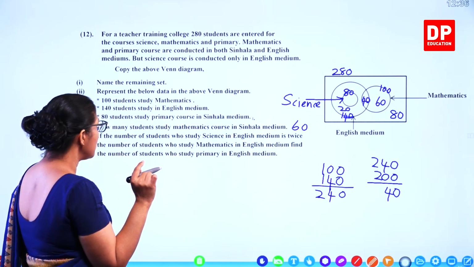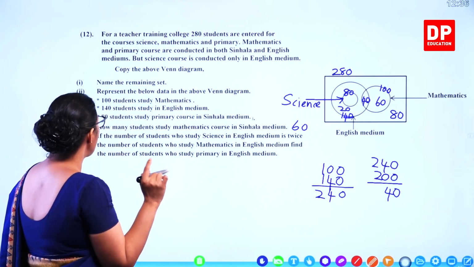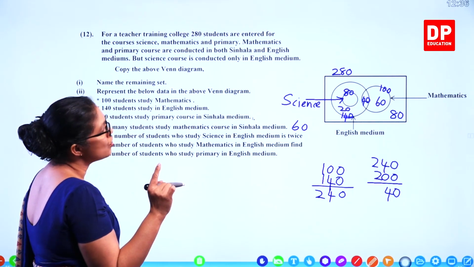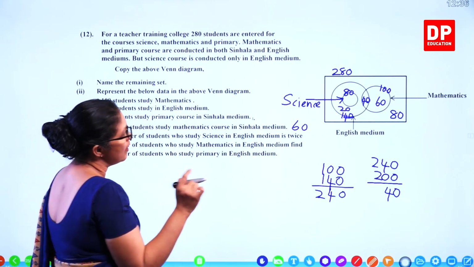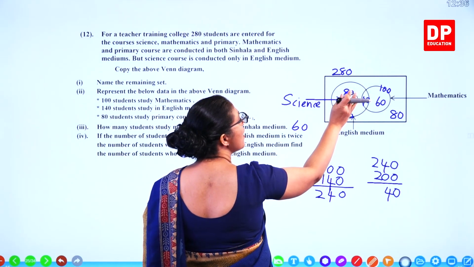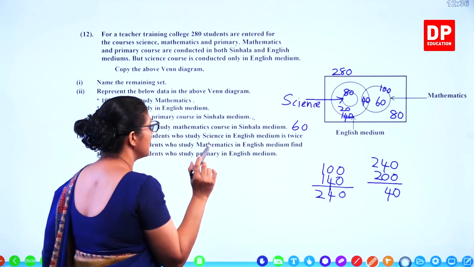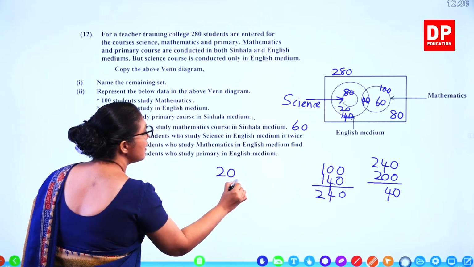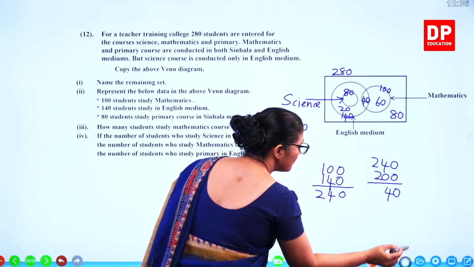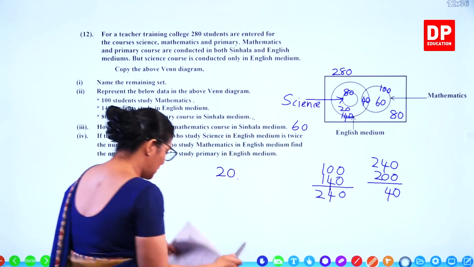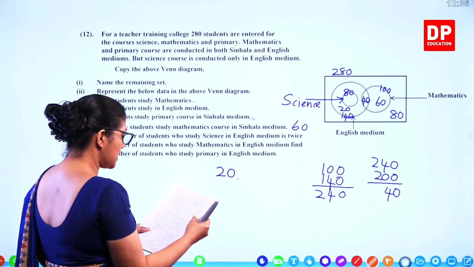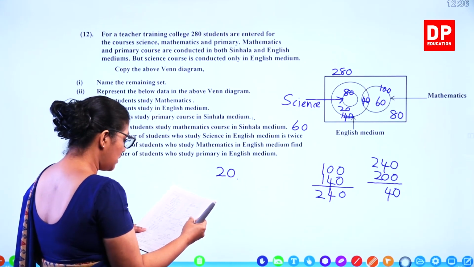Now what's the question they ask? Find the number of students who study primary in English medium. So English medium circle, but outside the science one. So that means 20. So the answer here is 20 for that. So we'll see how many marks for this question. In this question, 20, 80, 40, 60, all included.